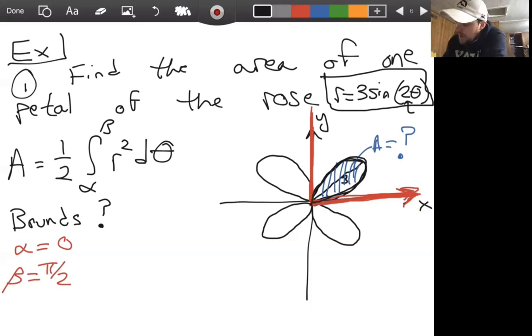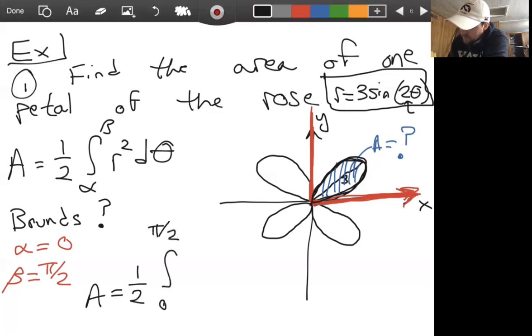And so that means our bounds are from 0 to pi over 2. So our formula for area is 1/2 integral 0 to pi over 2 of r squared, which is 3 sine 2 theta squared d theta.